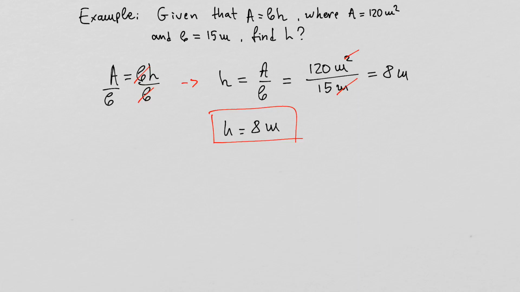And so that's how we would approach problems through this course. We have a formula that relates certain quantities. We may have to rearrange the terms in order to solve for the unknown quantity symbolically. And then we are going to substitute the known values into that formula to calculate the final result.